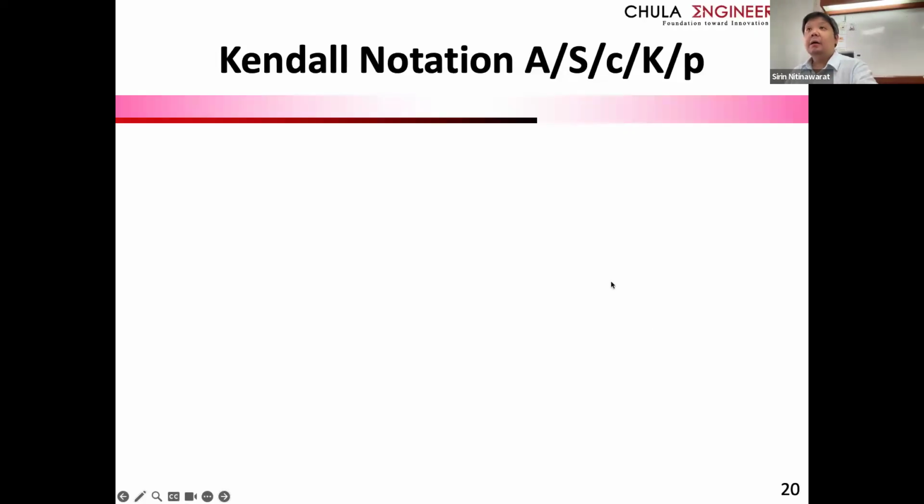Okay, let me refresh a little bit. Last time we talked about queuing system, right? The concept of queuing system, with three important elements: the arrival process, the service mechanism, and of course the queue itself.